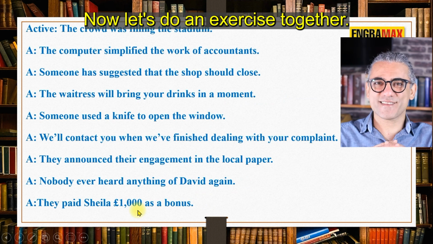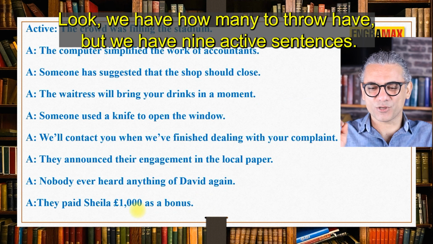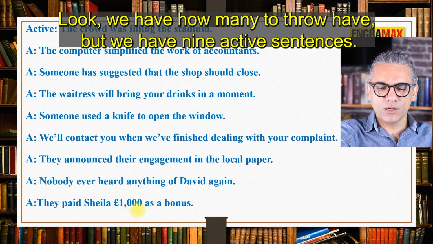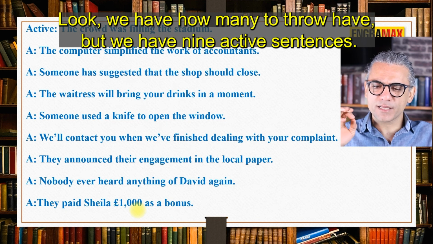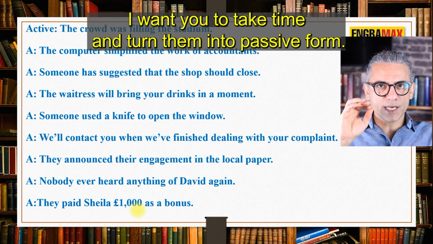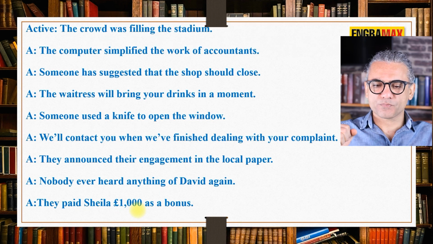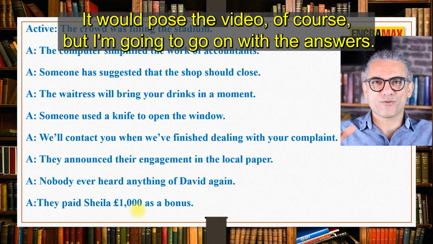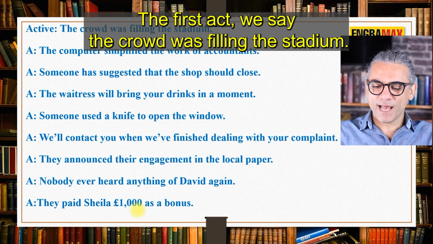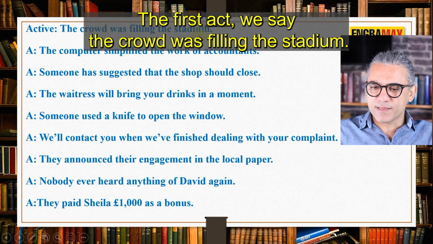Now, let's do an exercise together. Look, we have how many? 1, 2, 3, we have 9 active sentences. I want you to take time and turn them into passive form. You could pause the video, of course, but I'm going to go on with the answers. The first one, active. We say, "The crowd was filling the stadium."